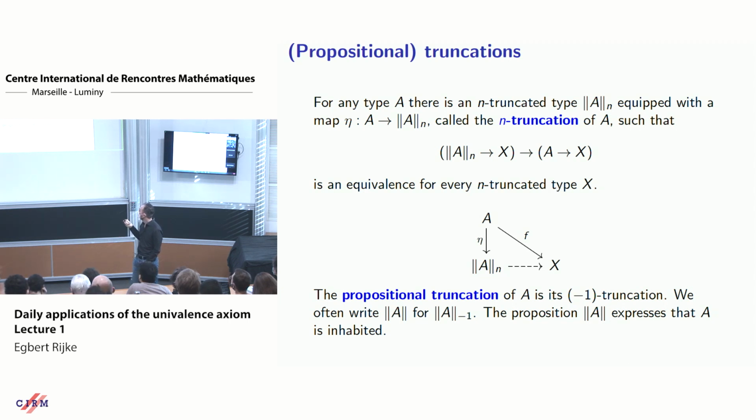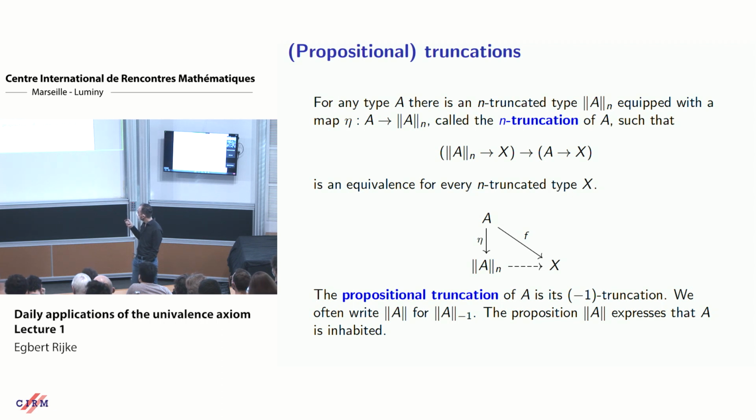It says that this map from the truncation into an arbitrary n-truncated type X, if I precompose it with my structure map eta, the unit of the adjunction, then I get another map from A to X, and this map between these two function spaces should be an equivalence.